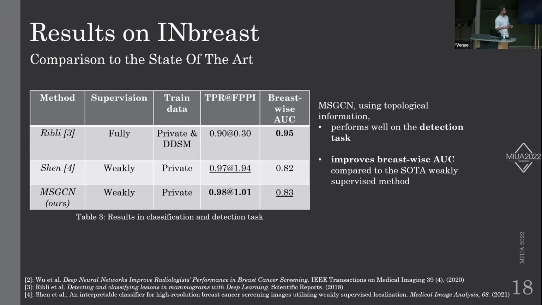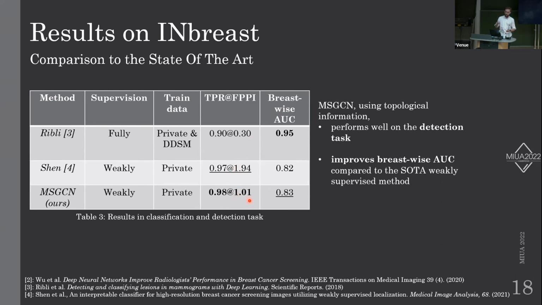We also improve the detection task compared to the state-of-the-art method, while also having more false positives per image.